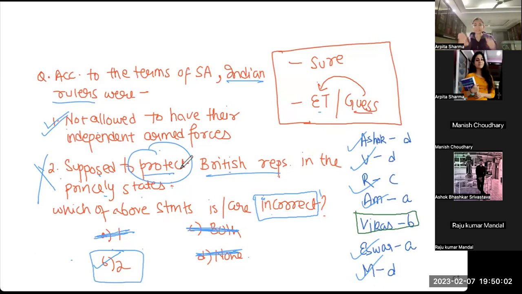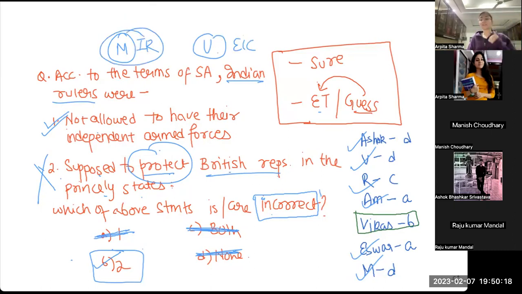Right? Indian rulers basically are at the mercy of British representatives. So how will they protect? They are being protected by the Britishers, right? Over here, I said Manish was the Indian ruler and Vatsalya was the company official. The company official is saying, we will protect you, don't worry, just pay us some money, right? So that is why the second statement is incorrect.